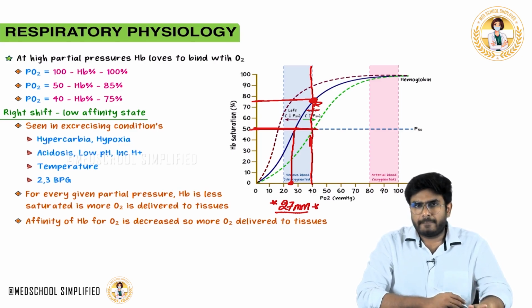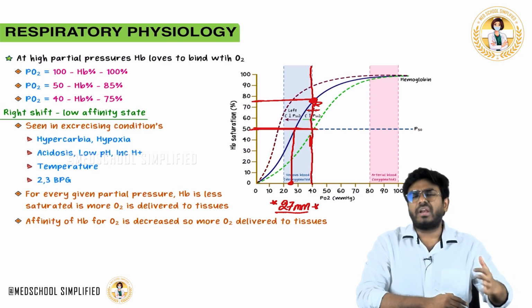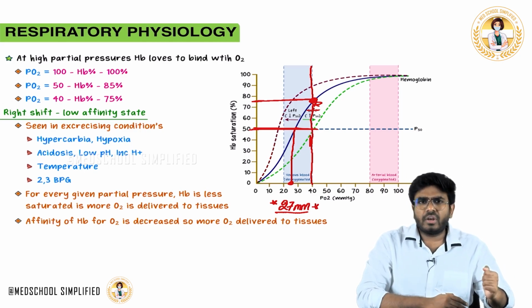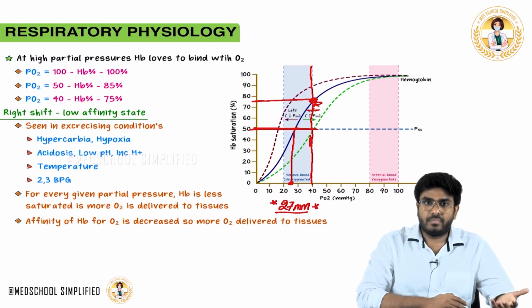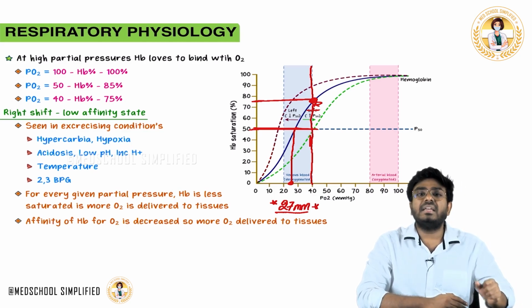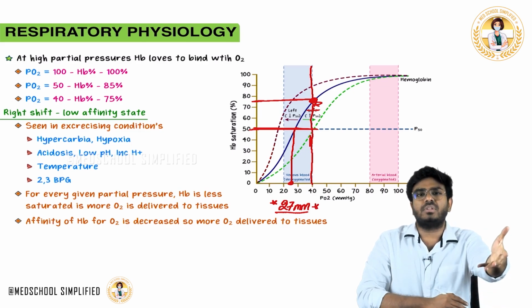Now, what is the concept of this right shift? Just think logically. Whenever you are doing exercise or running a marathon race, do your tissues require more oxygen or not? Yes, your tissues require more oxygen. Whenever there is more basal metabolic rate in your body, your tissues are requiring more oxygen. In these conditions, hemoglobin will behave in such a way that it will easily deliver the oxygen to the tissues.